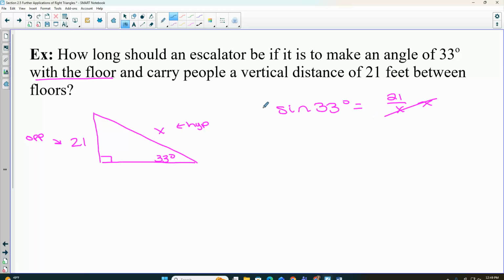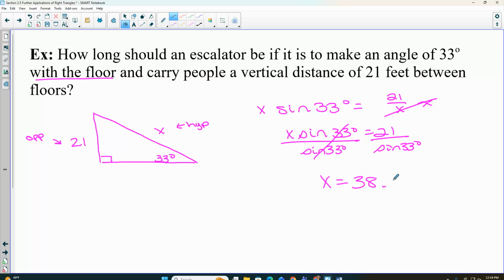You can multiply your x over. Divide by the sine of 33 degrees. 21 divided by the sine of 33 gives us 38.5576, or we had two significant digits, so it'd be 39 feet. Is that okay? So the hardest part is drawing your picture and putting your information in the right spot.